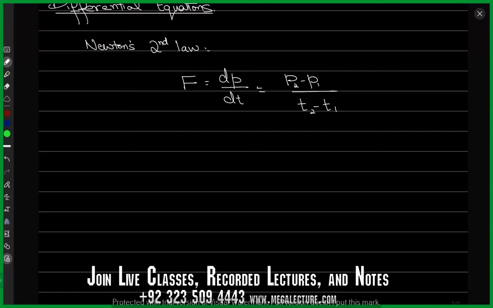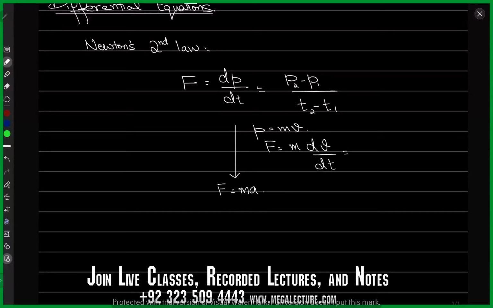And from here, we come to this equation, which is F equals ma, simply because noting that momentum is mass times the velocity of an object. And if I put these things in this expression, then I can see that force is just, because mass is a constant, or at least for our purposes, mass does not change with time, we can take this mass outside, and now we're left with dv by dt.